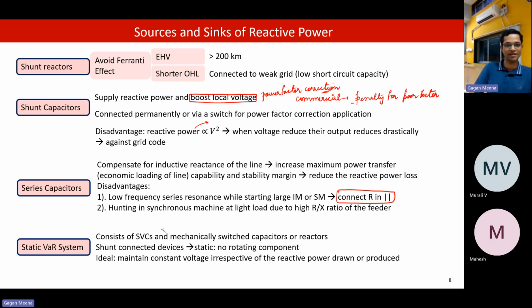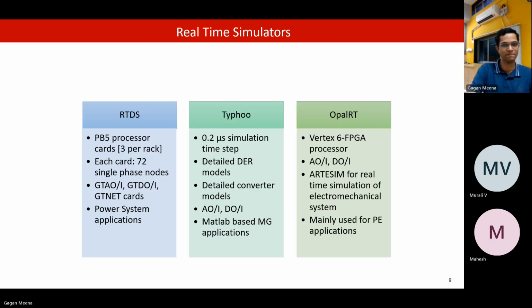The term static comes because there are no rotating components here. The switching is done using electronic devices, and their purpose is to maintain a constant voltage irrespective of the active power drawn or produced.